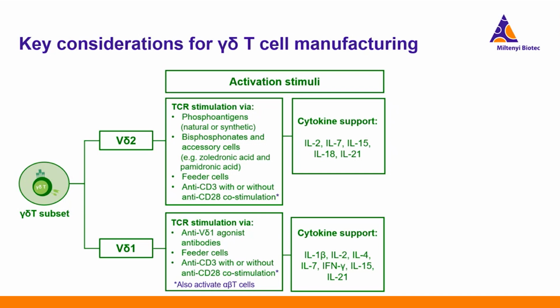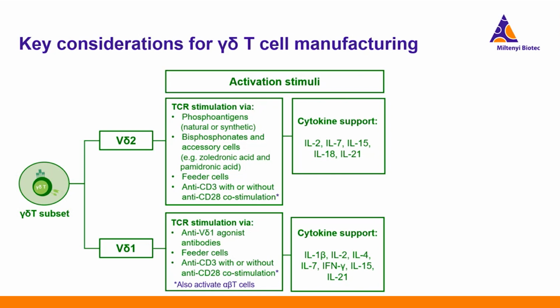And then V delta 1s can be stimulated using anti-V delta 1 agonistic antibodies, as well as feeder cells. And of course, because the cells express the CD3 molecule, we could use more generic stimulation via anti-CD3, with or without anti-CD28 co-stimulation.